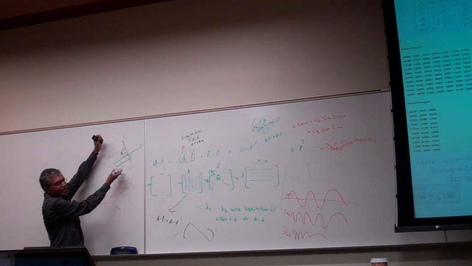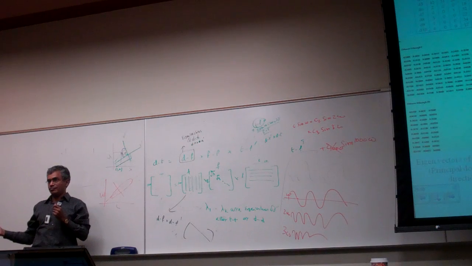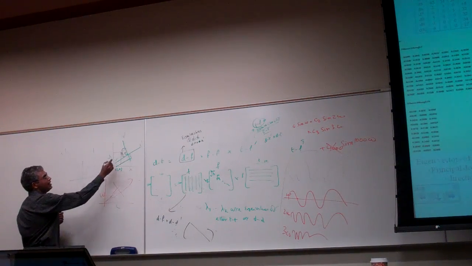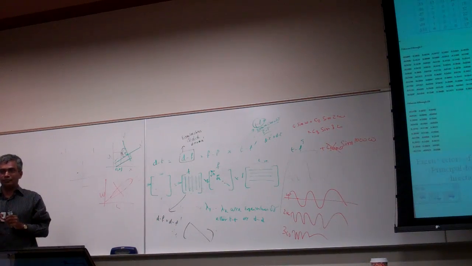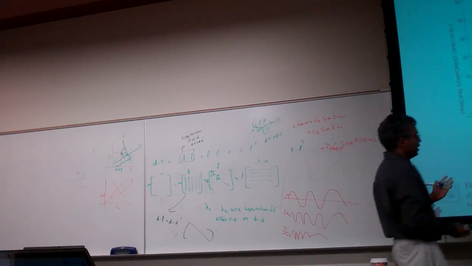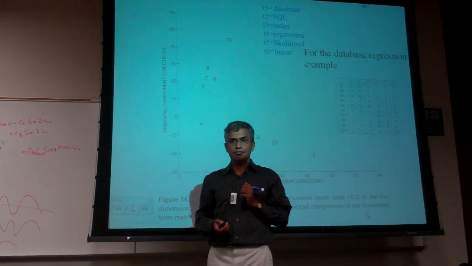The original coordinates are lost now. I'm getting the coordinates in this green space. So when I draw them, I'll put the green axes like this, and then that would be some point like this. Here is the principal component direction 1. This is the component direction 2.